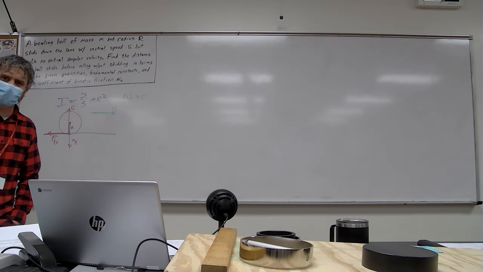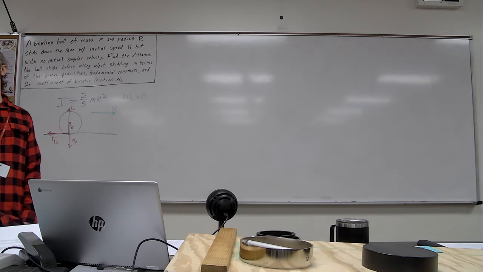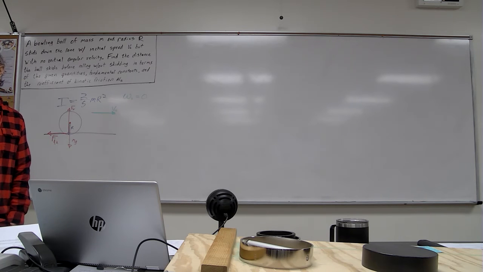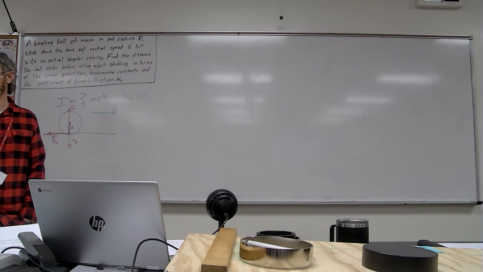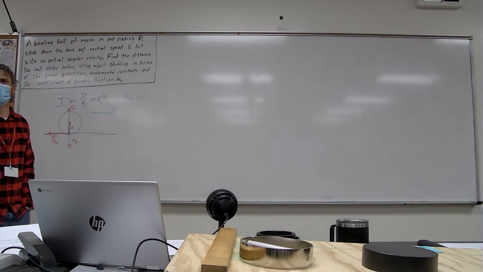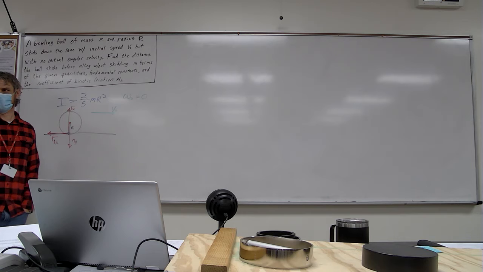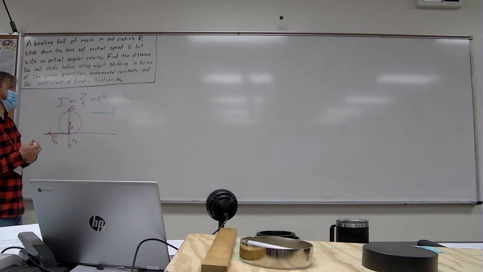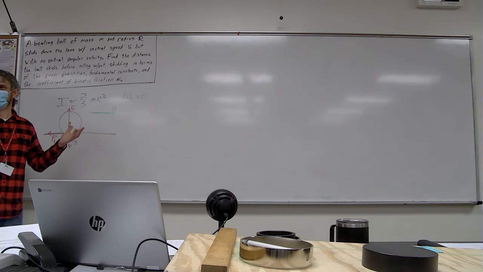So if I'm looking for a distance, what am I eventually going to have to do? Kinematics. Right. Because when we do Newton's laws, the only kinematic variable we can determine is acceleration. Then if I want to know how far it's going to go, I'm going to have to do some kinematics. But I definitely don't have enough information to do that right now.